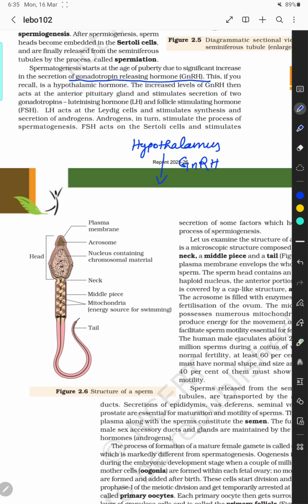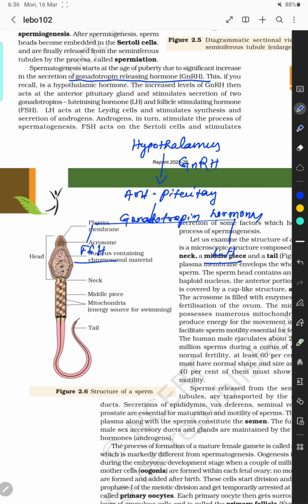When the level of GnRH increases, it stimulates the anterior pituitary, and this anterior pituitary secretes the two gonadotropin hormones, that is FSH and LH, follicle stimulating hormone and luteinizing hormone.